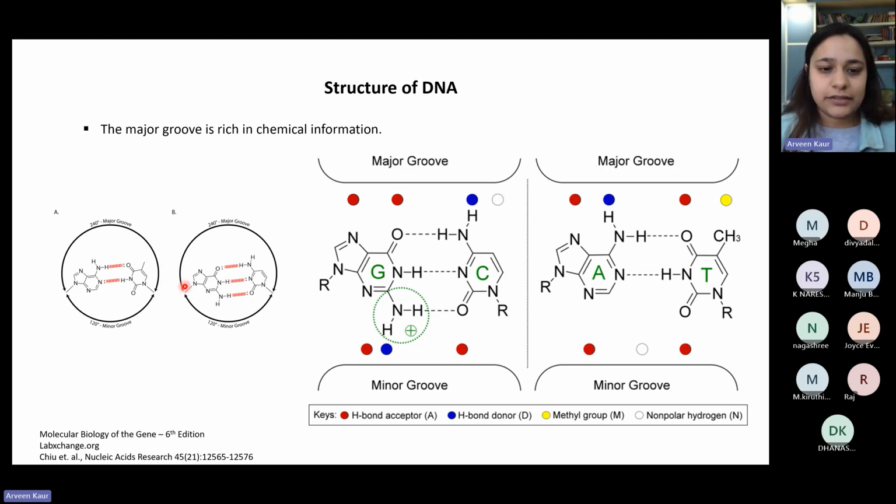So on this end, if you see, there is an angle of about 240 degrees when it is a major groove. But in case of minor groove, this groove angle reduces to about 120 degrees, right?